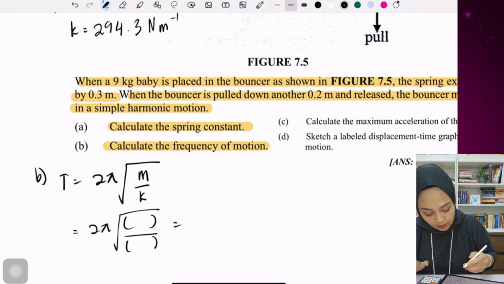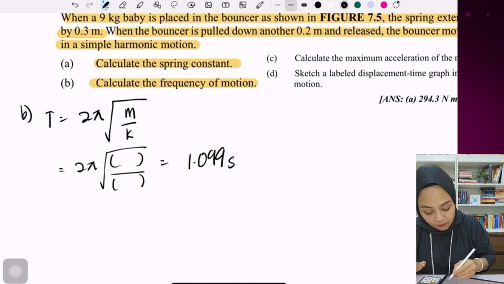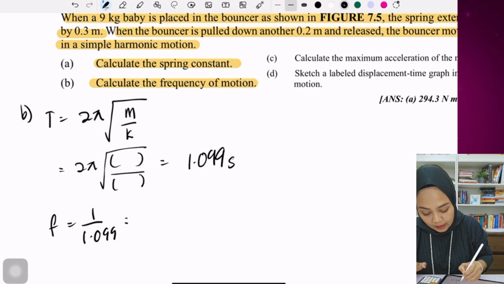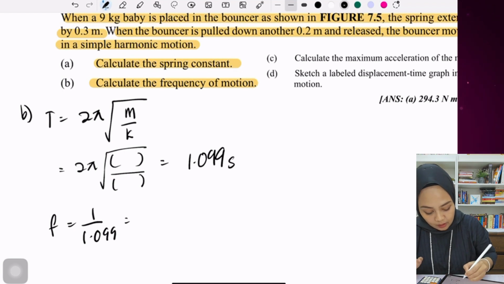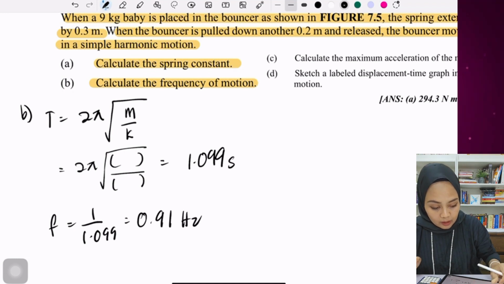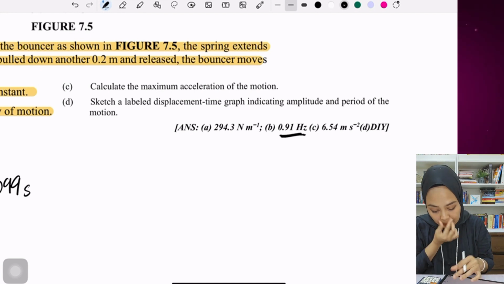That would be 1.09899 seconds. So the frequency F equals 1 over 1.099. Okay, so 1 over the answer. We got 0.91 hertz. Is it the same? Yes, we got it. Okay, so that's that.